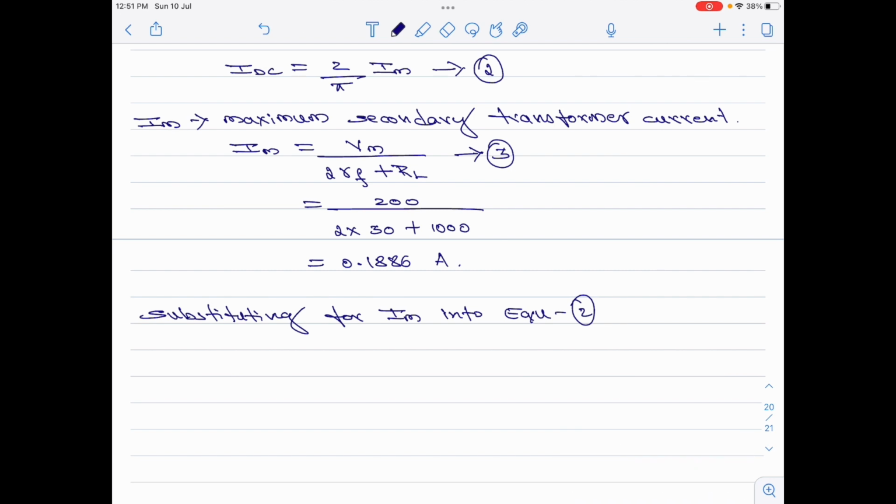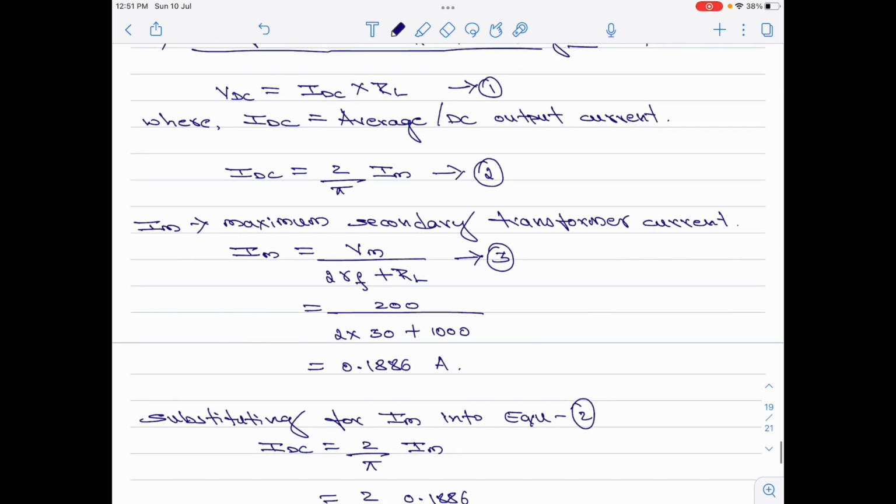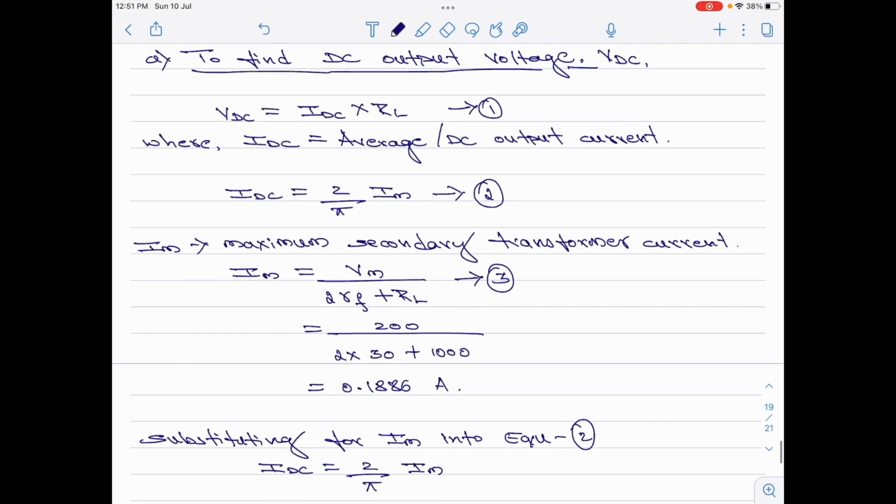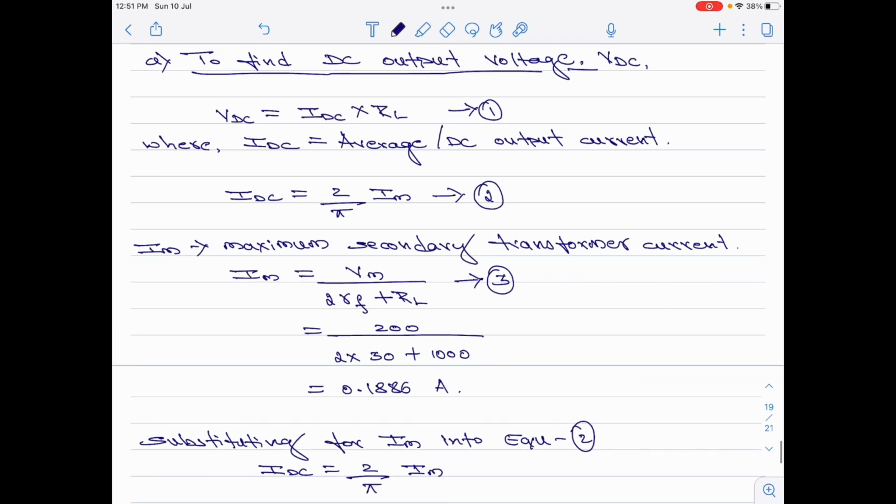I am going to rewrite equation 2 here. IDC equals 2 divided by pi into Im, which is equal to 2 divided by pi multiplied by 0.1886. So this is equal to 0.120 amperes. And lastly, once I find IDC, I'll substitute that back into equation 1 to find the DC output voltage.